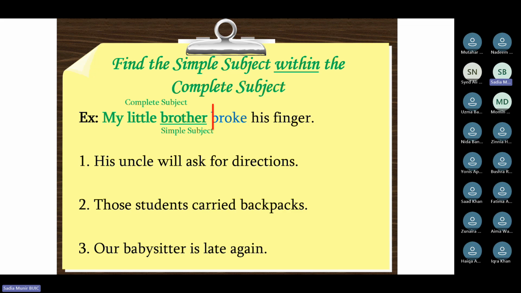Nida and Aima and Ikra will ask together. Of course, ask is the main verb and will is there to accommodate, right? So his uncle is our subject. Now, his uncle, there are two words. So, can you tell me which is the simple subject and what is the complete subject in his uncle?